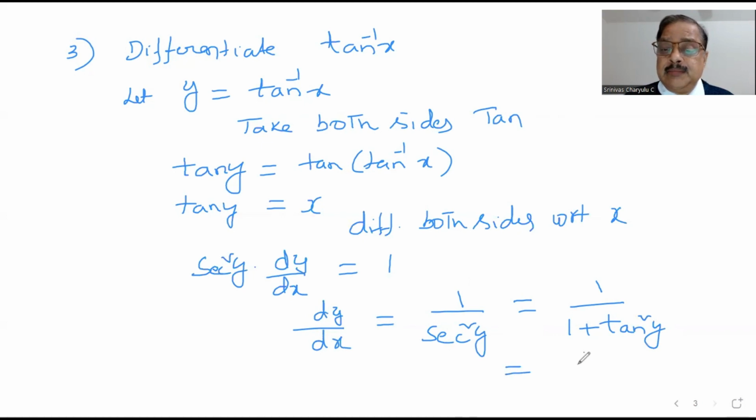So this is nothing but, again, for tan y you can substitute x, tan square y becomes x square. So differentiation of tan inverse x also we have completed. Sin inverse x, cos inverse x, tan inverse x, all three are very, very important. So please remember, keep doing.